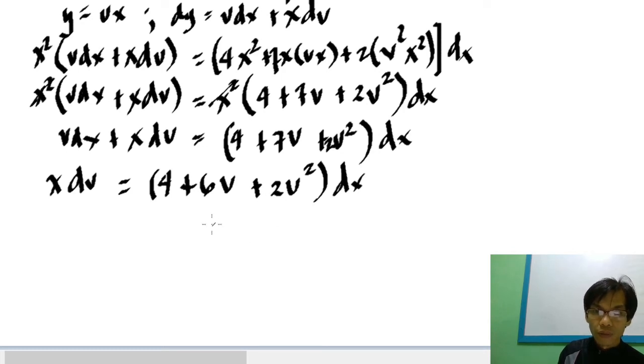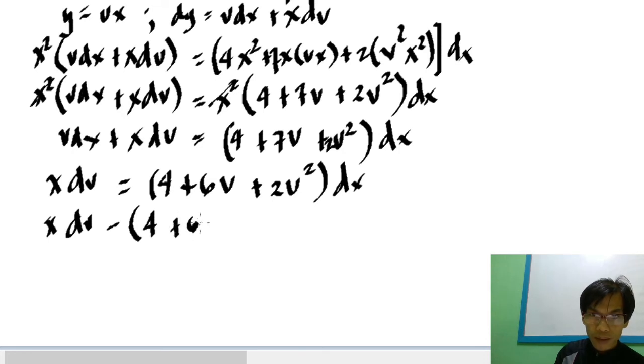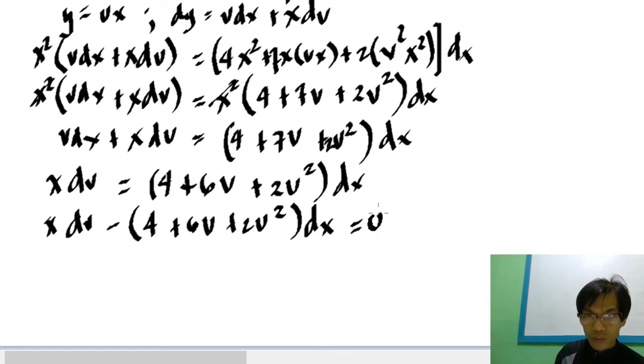Then we can put this on the other side. We have x dv minus (4 plus 6v plus 2v squared) dx, and that is equal to 0.